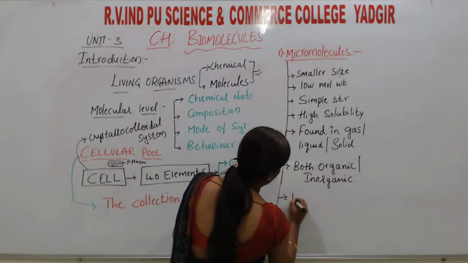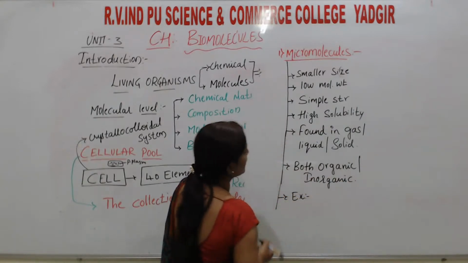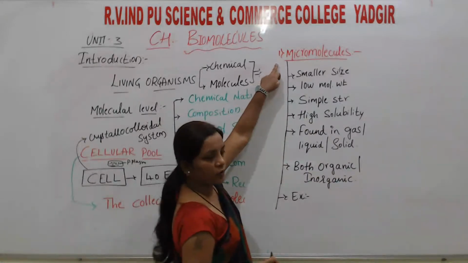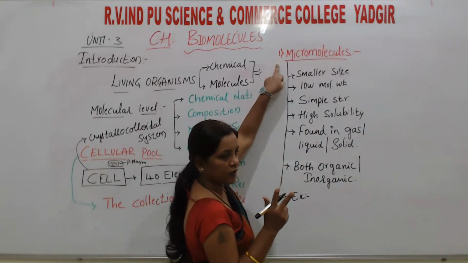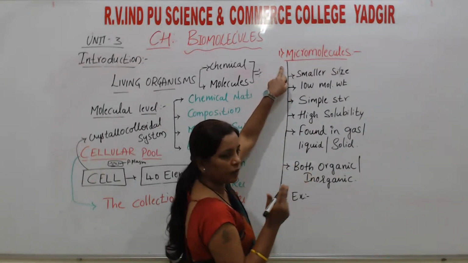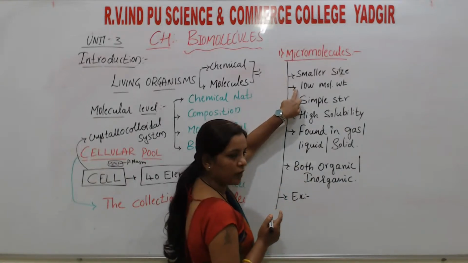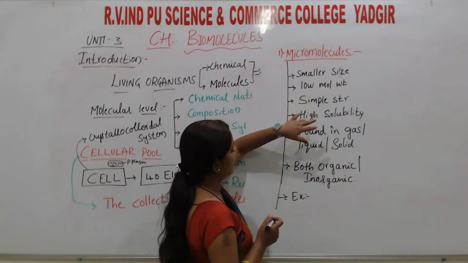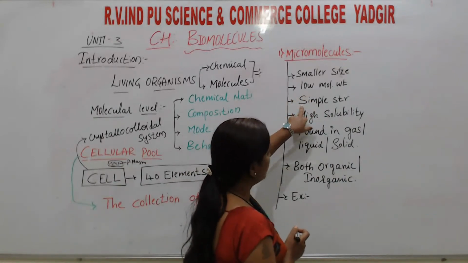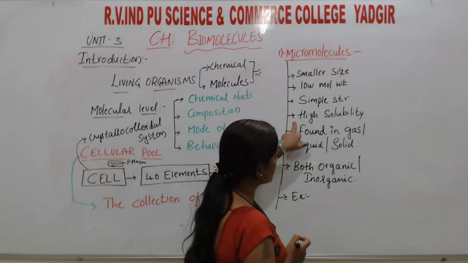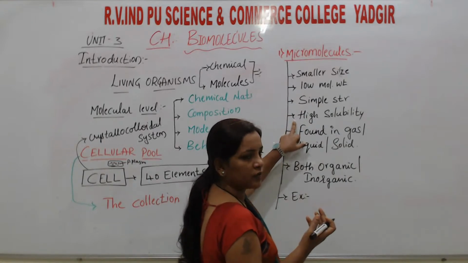Example. Based on their size, there are two types: micromolecules and macromolecules. Micromolecules are of smaller size, having low molecular weight, within 1000 molecular weight, simple structure, and high solubility. They dissolve very fast.